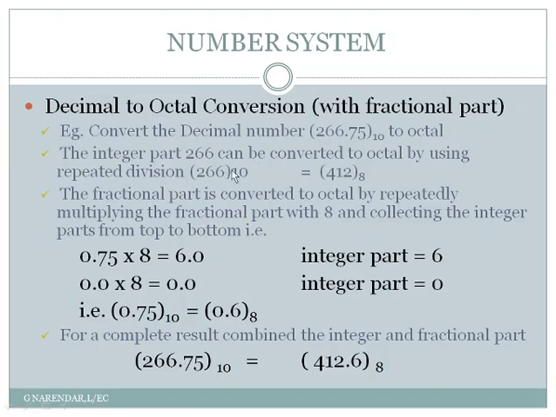To get the complete result, the integer part 266 is equivalent to 412 in octal, and the fractional part 0.75 is equivalent to 0.6 in octal. Combine these two, and 266.75 in decimal is equivalent to 412.6 in octal.